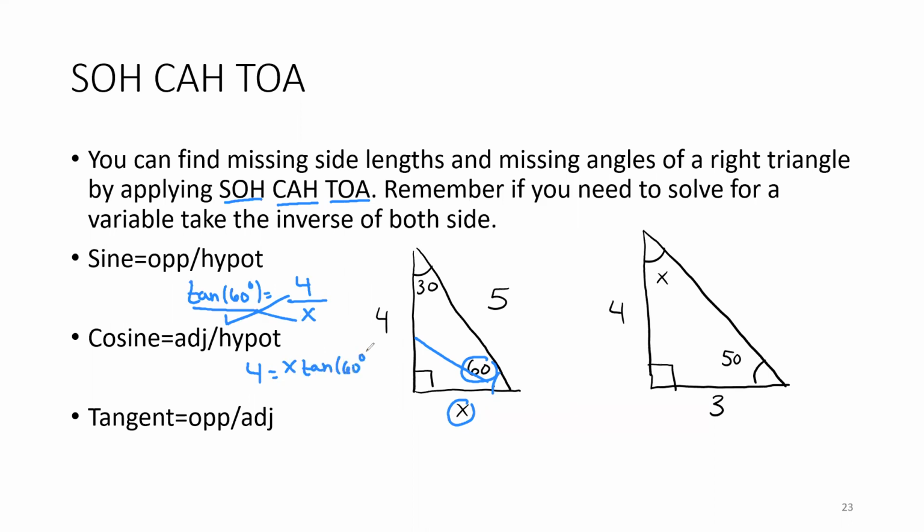You can use a calculator for this one. Later on, when we go over the unit circle, you'll see that tan of 60 in a calculator gives you a decimal, an actual number.